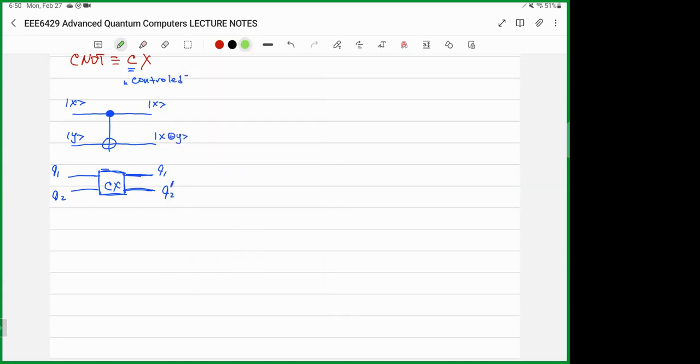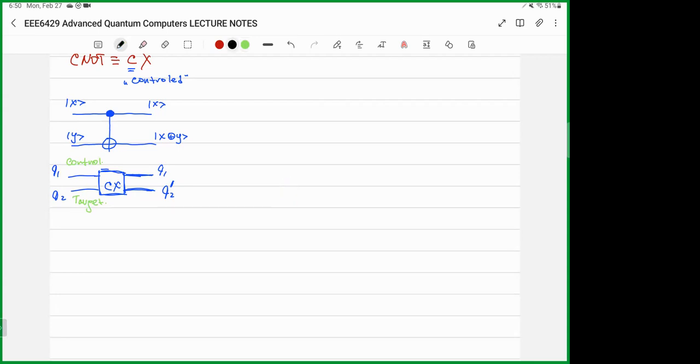One qubit here is called the control qubit, and the second one is the target. The control qubit is a qubit that controls the target one.